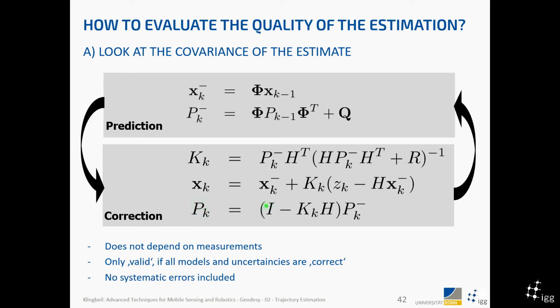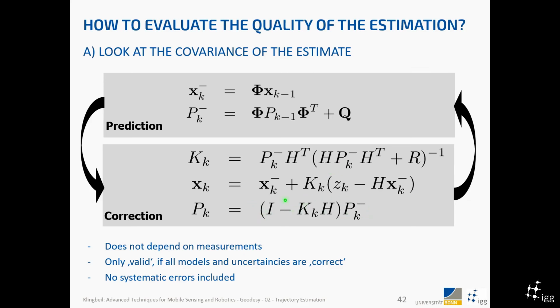But if you have systematic errors included, for example systematic errors in the measurement which are not modeled within the filter, then this covariance usually looks much better than it is in reality. And this is a big problem in Kalman filters. Actually it's not only in Kalman filters, it's everywhere where you do some sort of adjustment or state estimation: the covariance is only valid if all the assumptions that you put in are valid as well.